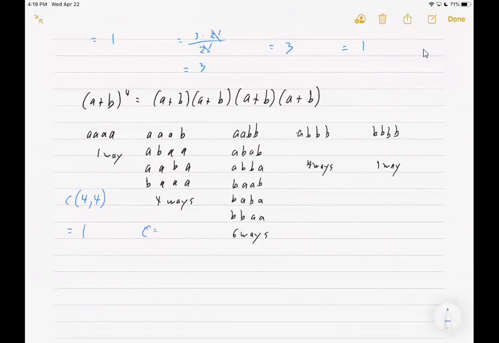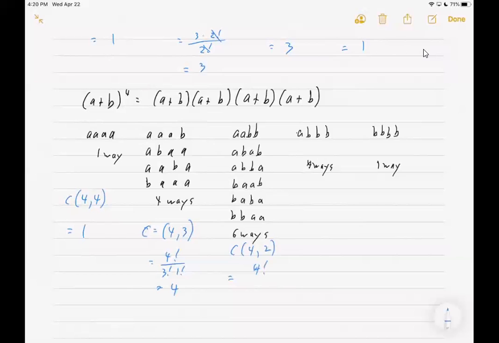This is the combination of 4 things where we chose 3, because we chose 3 of them to be A. So that ends up being 4 factorial over 3 factorial, 1 factorial, which does in fact turn out to be 4. And then this is the combination of 4 things where you selected 2. And by selecting 2 A's, it means you didn't select 2 B's. I'm sorry, that means you also selected 2 B's.